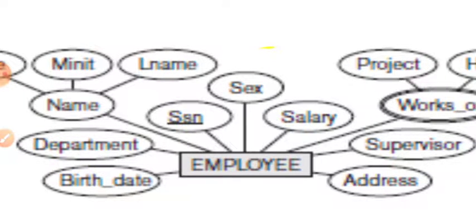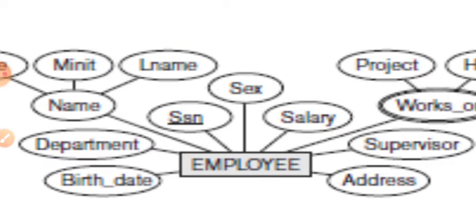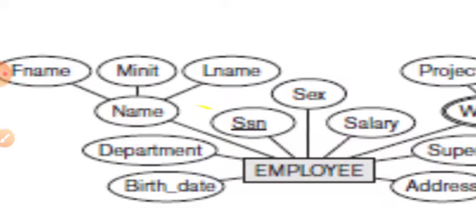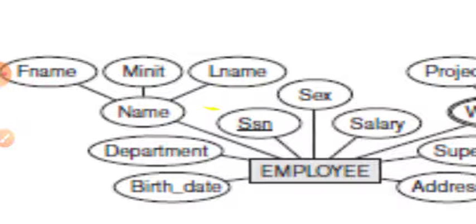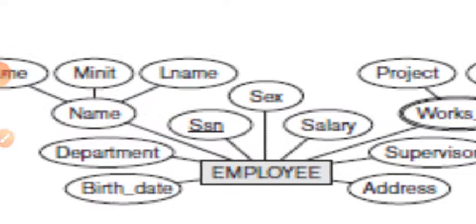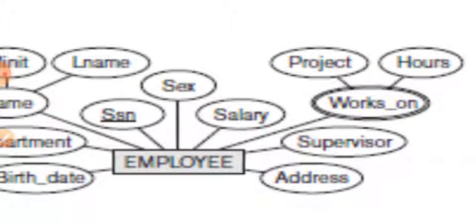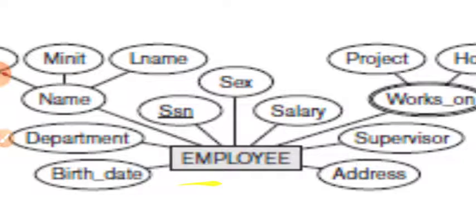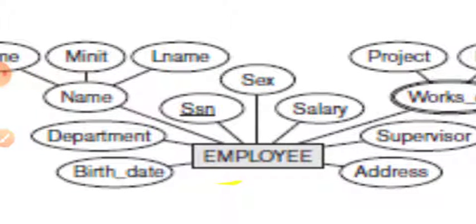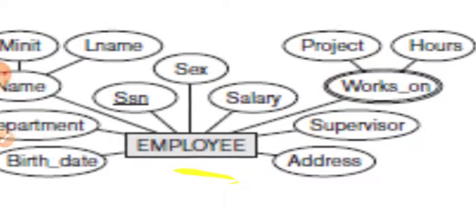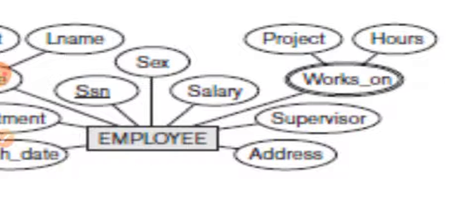Name is a composite attribute which consists of sub attributes like first name, middle initial, and last name. Similarly, works on attribute has two sub attributes, that is project and hours. So SSN is the prime attribute, and name and works on are composite attributes.